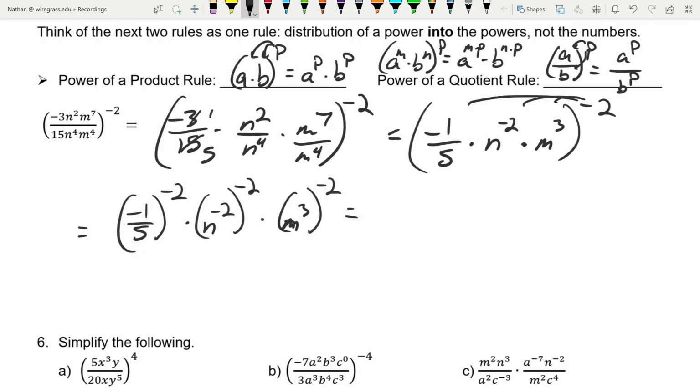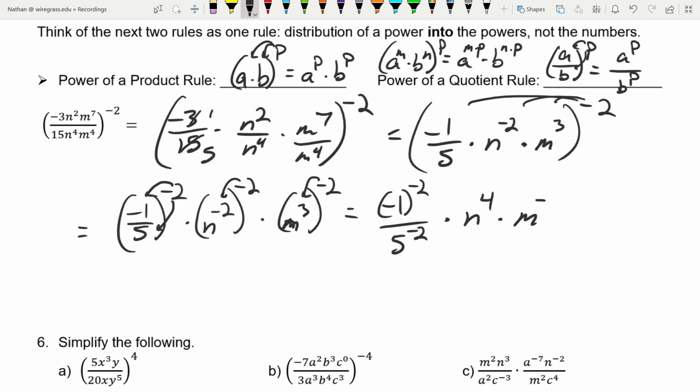Okay. Now for this first one, I can distribute this power to the top and bottom. That's going to give me -1 to the -2 and 5 to the -2. Then I have a power to a power. I can multiply them. That's going to give me n to the 4th. And then power to a power, multiply them.